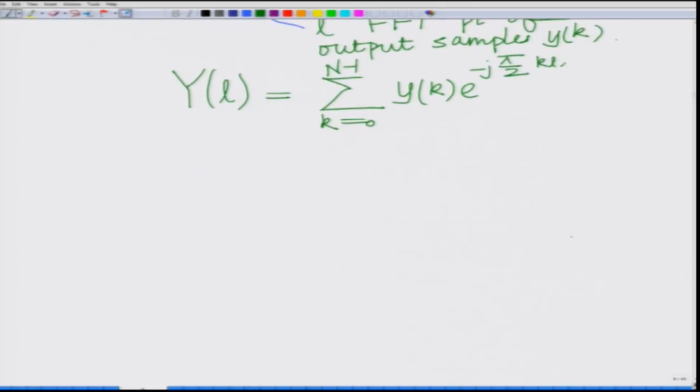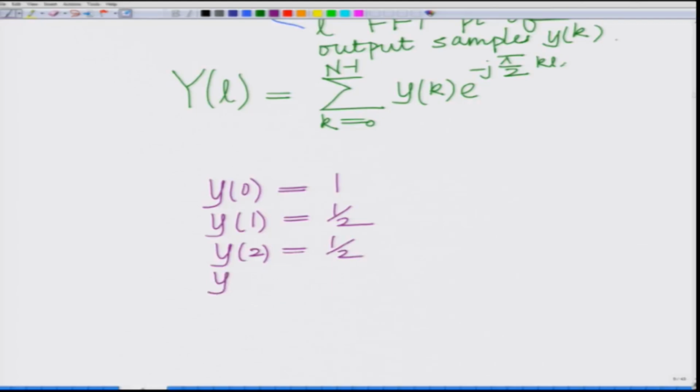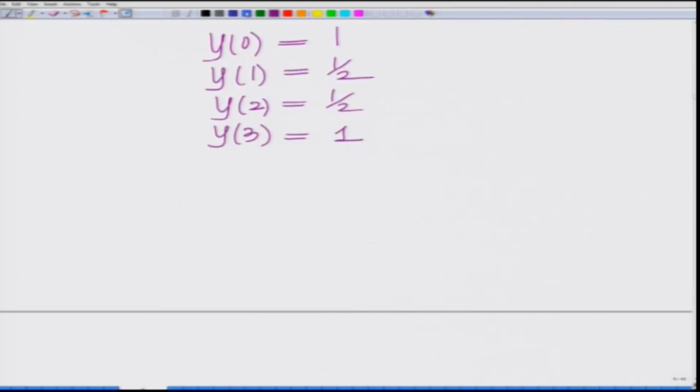Now, for the purpose of this example we had also considered the received samples y0 equals 1, y1 equals half, y2 equals half, y3 equals 1, and we take the N equal to 4 point FFT or DFT.